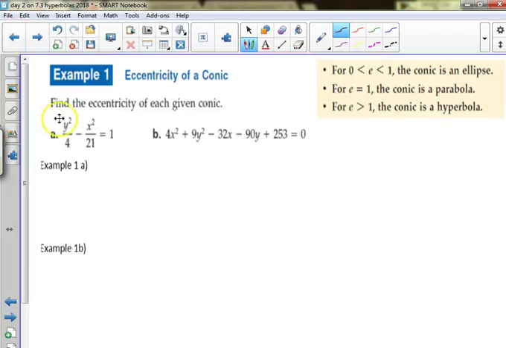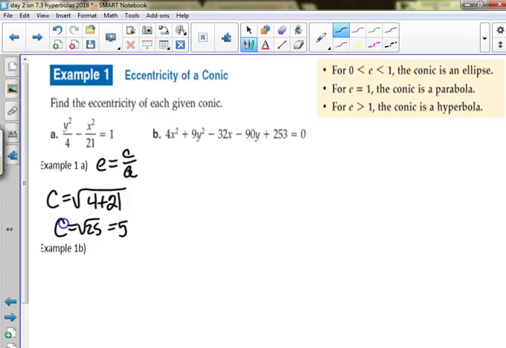Okay, find the eccentricity. What shape is this? It's a hyperbola. So e equals c over a no matter what, but how do we find c if it's a hyperbola? Square root of a squared plus b squared, which is 25, or 5.